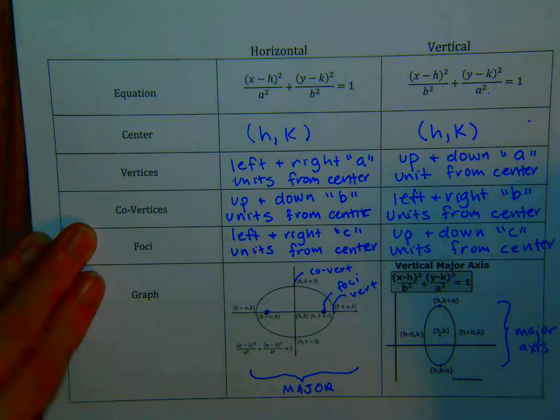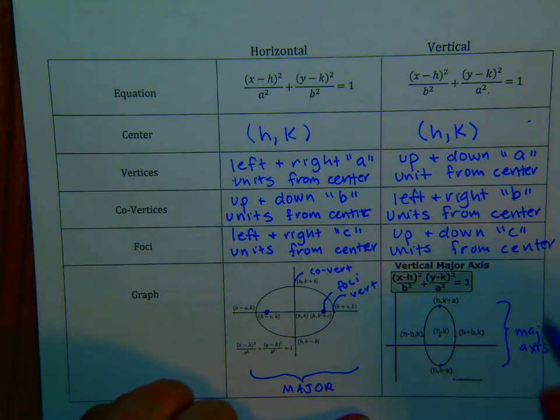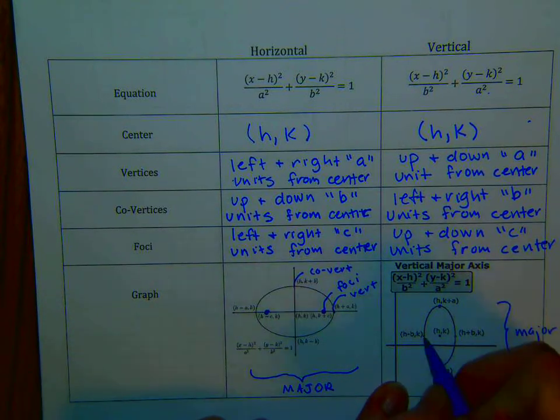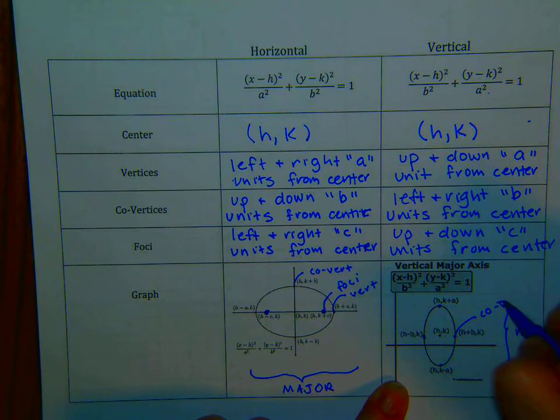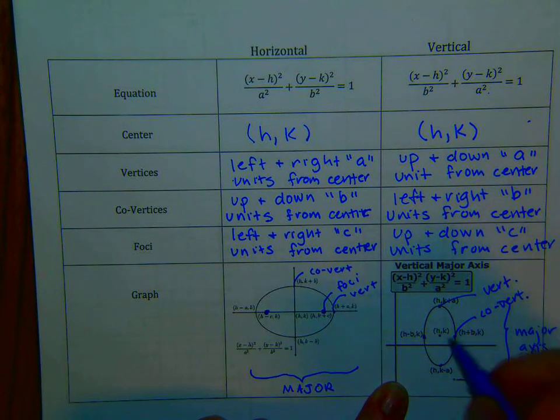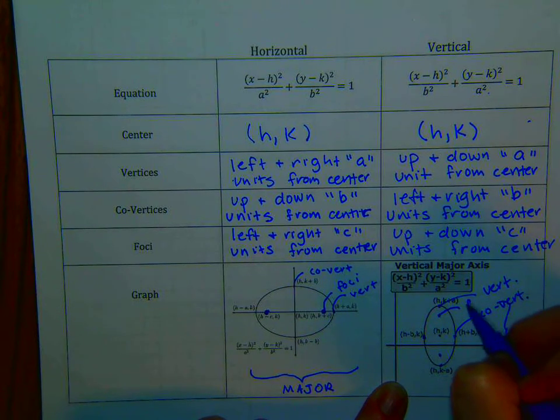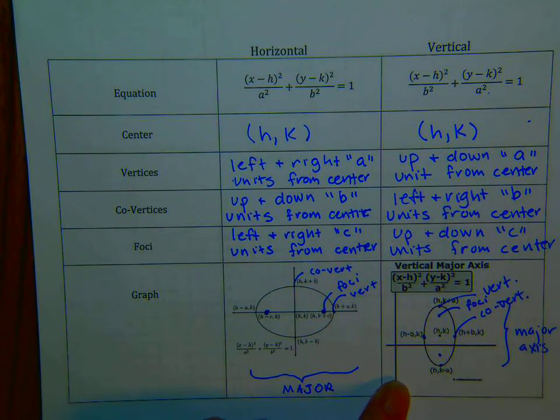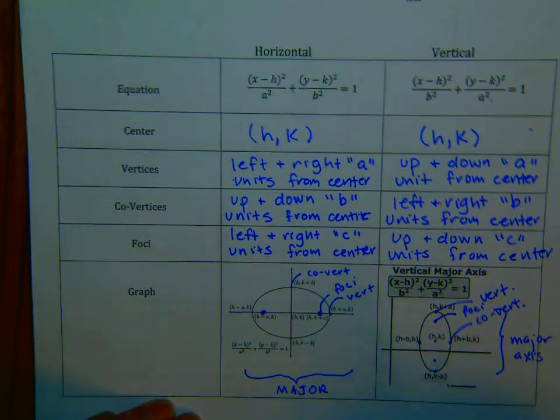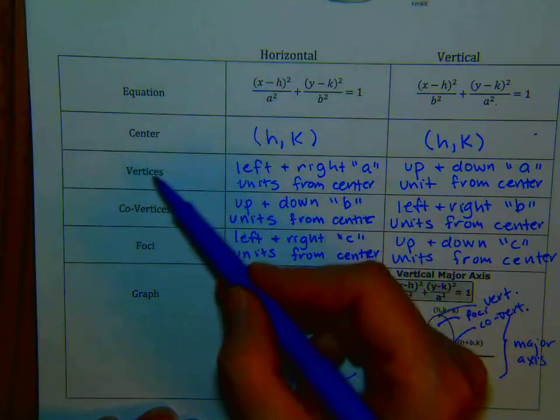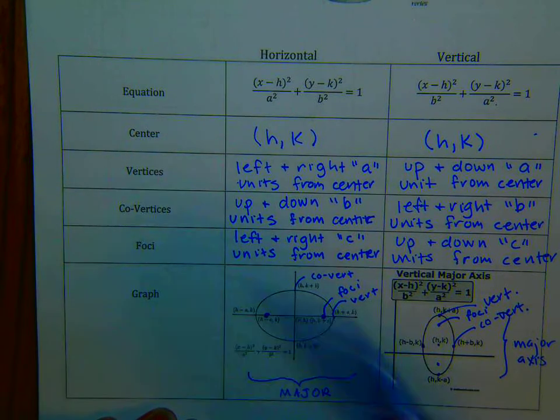These are our co-vertices right here. These are our vertices, and we don't really have them labeled here, so let's just draw them in. These are going to be our foci right here. Okay, so you get the idea? Let's move on. We have an equation, center, vertices, co-vertices, foci, and all. There are their graphs.